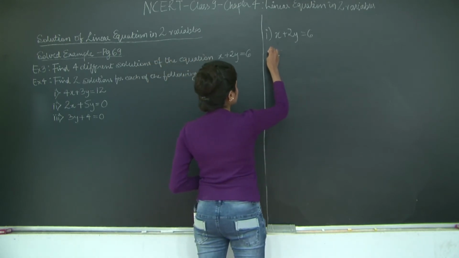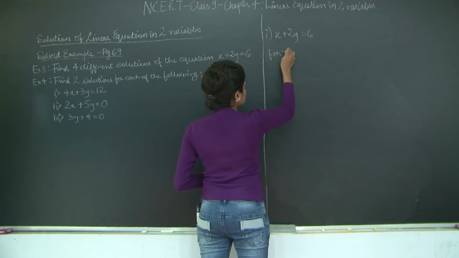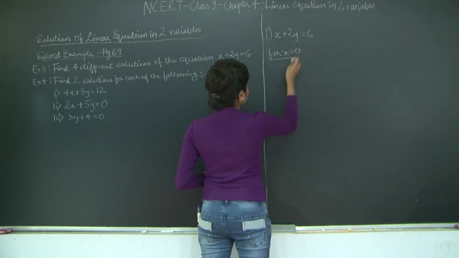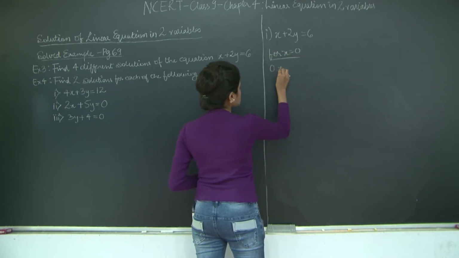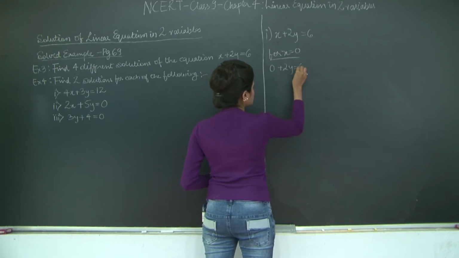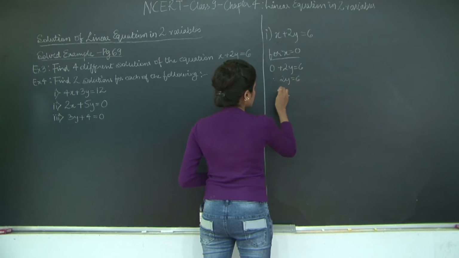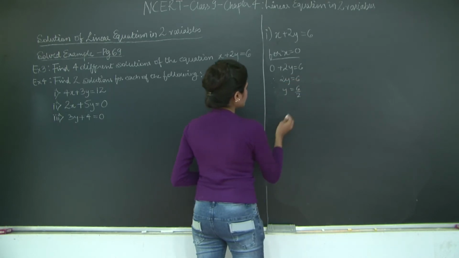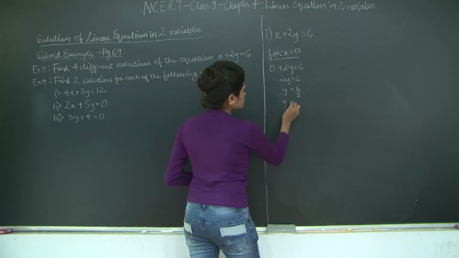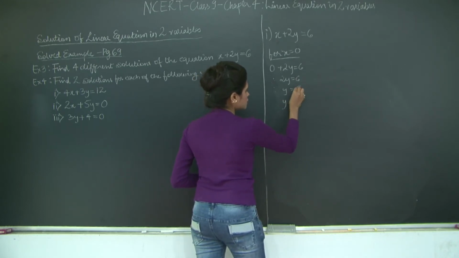So for x is equal to 0, what do I get? 0 plus 2y is equal to 6. Therefore 2y is equal to 6. Therefore y is equal to 6 upon 2, and y is equal to 3. How 3? 2 ones are 2, 2 threes are 6.